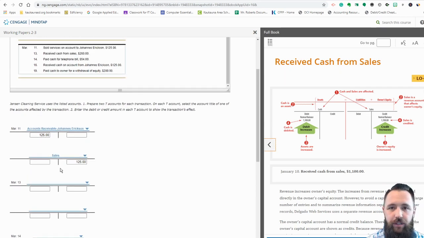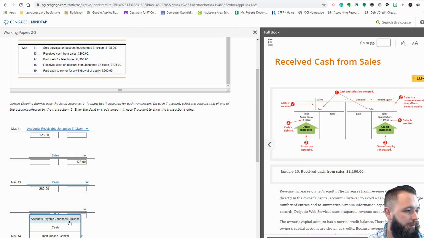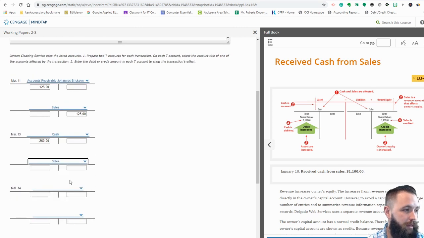We received cash, right? So cash is going to be our first account. Cash is an asset, and to increase an asset, we must debit it. So I can just put that in right away. And this is from sales, so it's going to be our sales account, and sales has a normal credit balance. So sales is going to increase by $260.